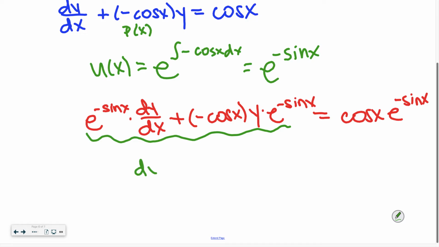What I underlined in green is the derivative of e to the negative sine of x times y. Yes or no? Check it. Whatever you have right here, take the derivative. Is that what you have right here? You want your work to be nice, right? You want it to work out, right?